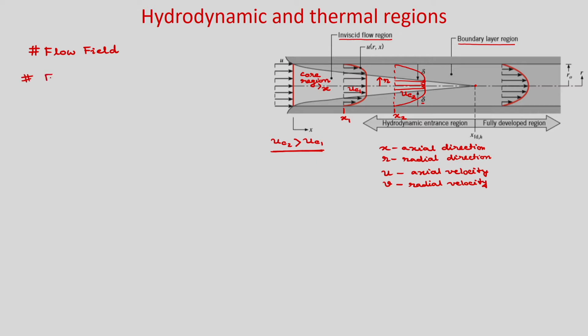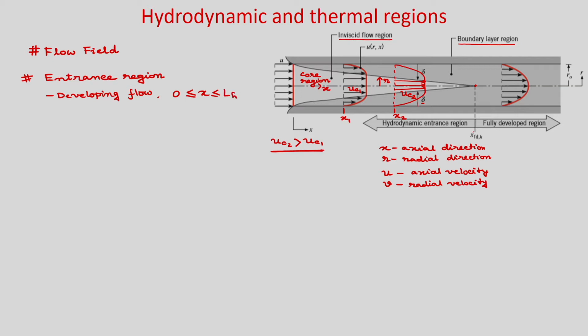First is your entrance region. This is your developing flow, because you can see your boundary layer gradually increases between 0 and x equals L h.